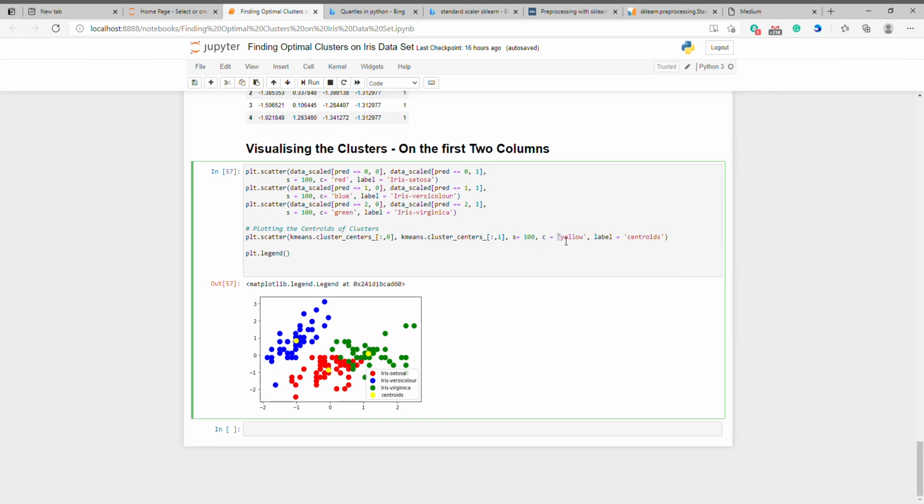The centroids are taken in yellow color, and therefore this is plotted. So here these are the flowers which belong to Iris versicolor, these are the flowers which belong to Iris setosa, and these are the flowers which belong to the Iris virginica group, and these are the centroids of each group.